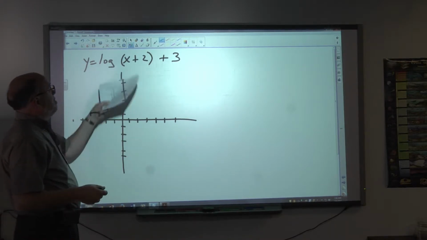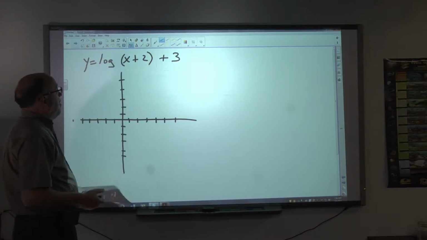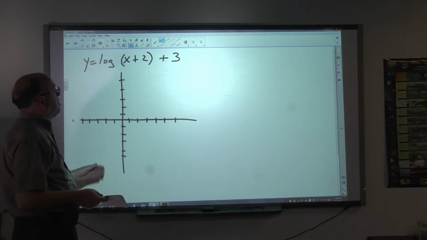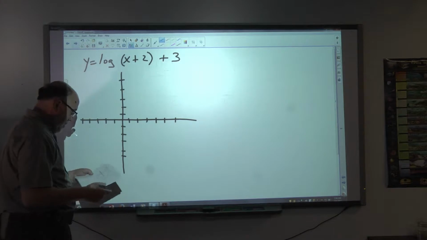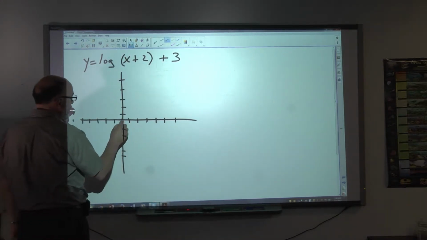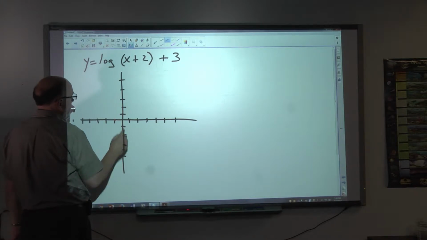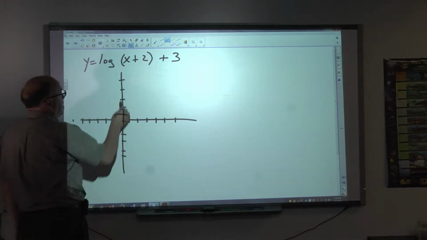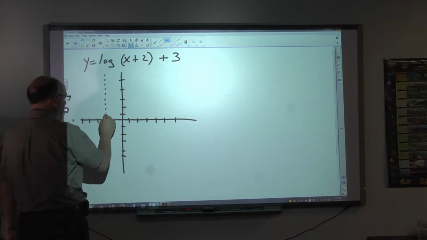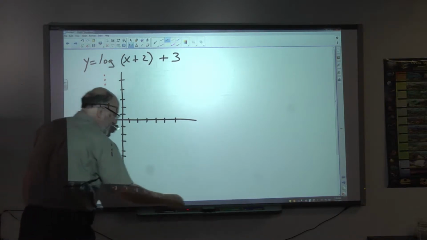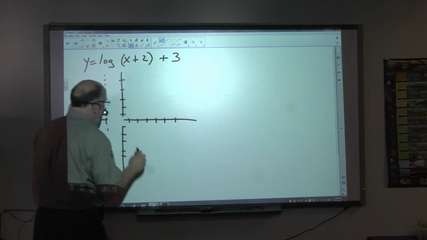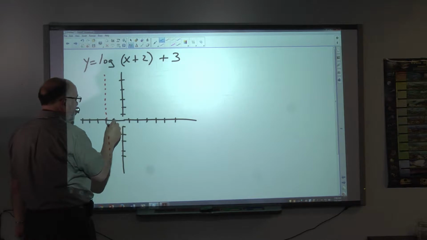So this x plus 2, we want to know when that will be. That is going to be our left and right, and like we said last week, it's sort of opposite of what you would think. So that takes this point, which was here, and moves it over 2 units. It takes the asymptote line, which was here, and moves that over 2 units too. Actually, our dot won't be here, let's get rid of that, because we're also going to be moving this.